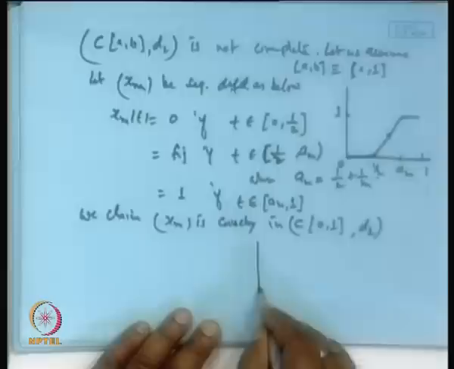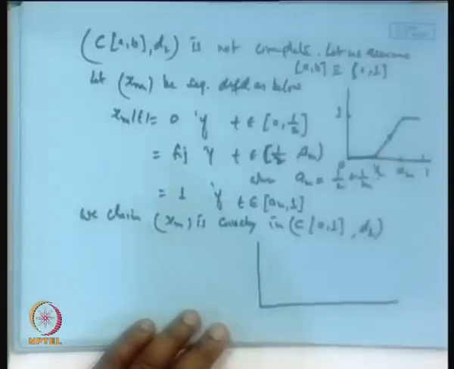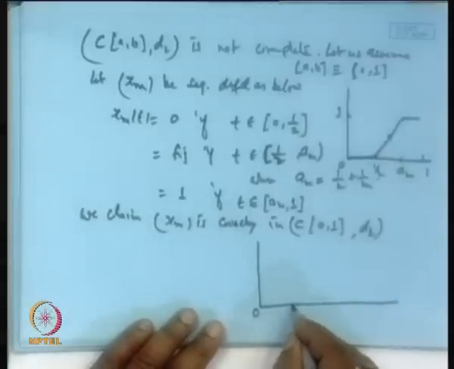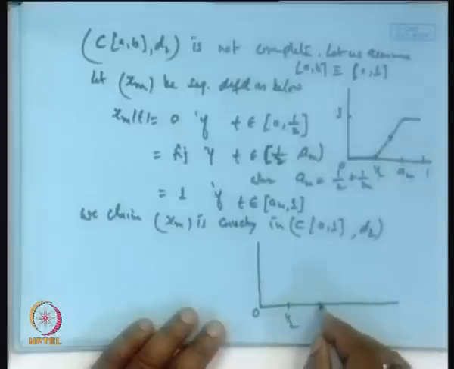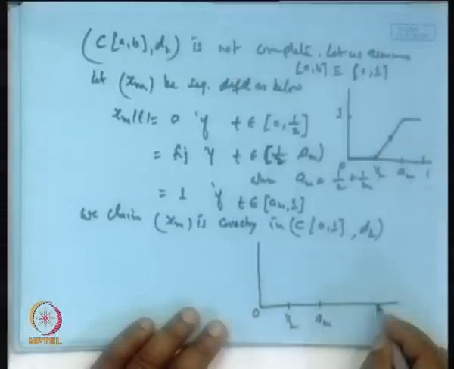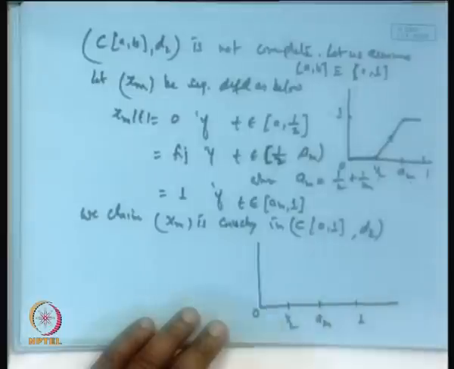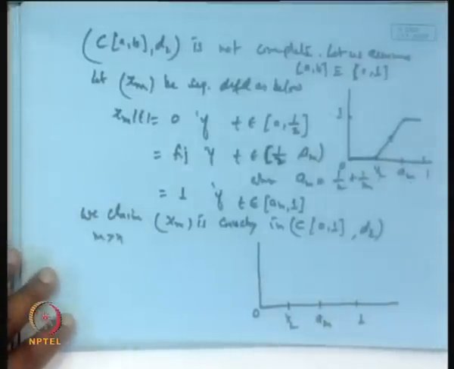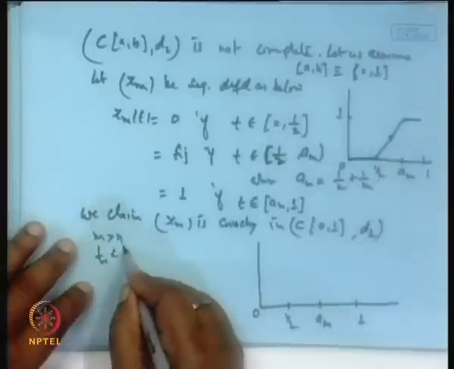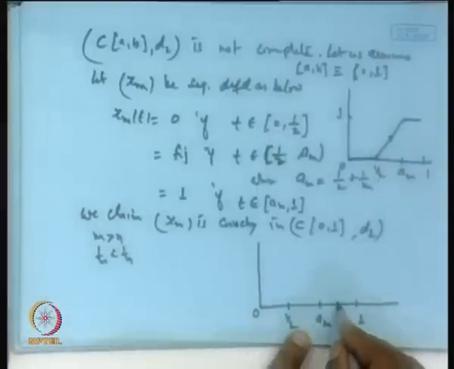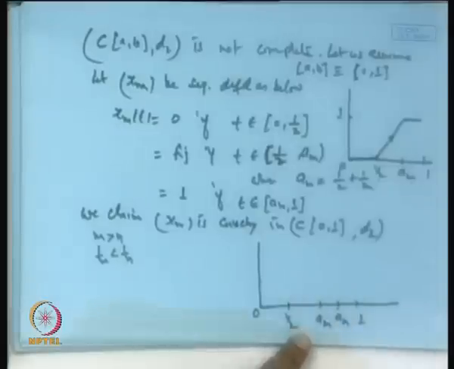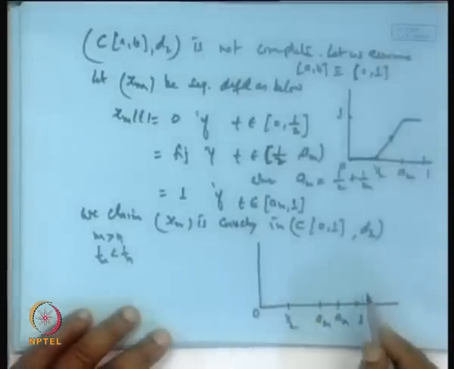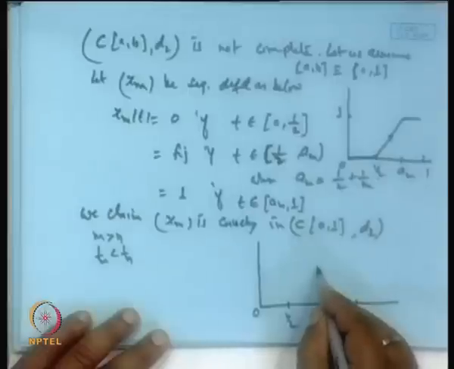Because if you look at this again, 0, here it is 1/2, this is a_m, here it is 1. Suppose m is greater than n. So 1/m will be less than 1/n, it means a_m will be less than a_n. Here it is 1.